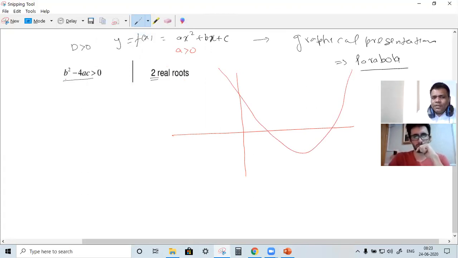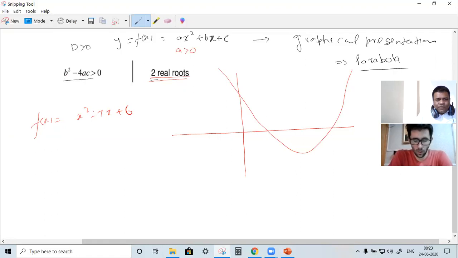So here, if b square minus 4ac is greater than 0, you'll get two real roots. Like in our example, which we took immediately, if you remember, it was x square minus 7x plus 6. Let us say this is the case.